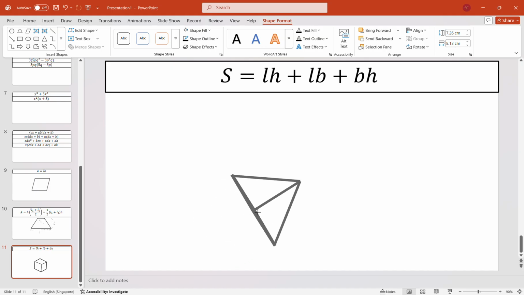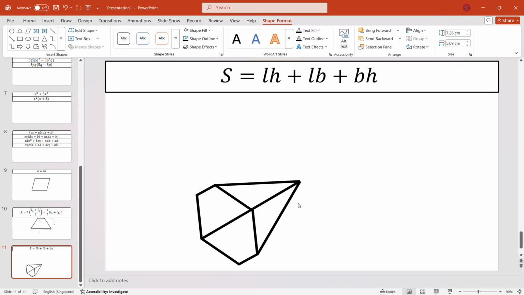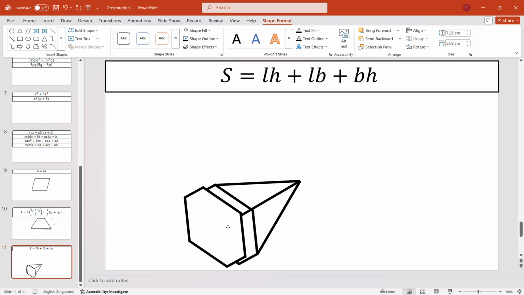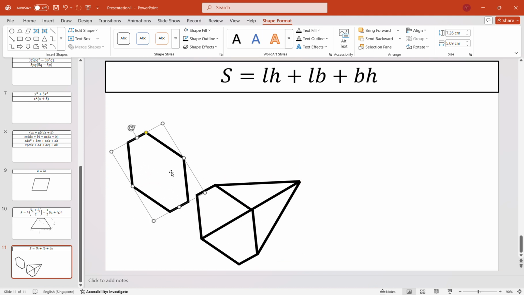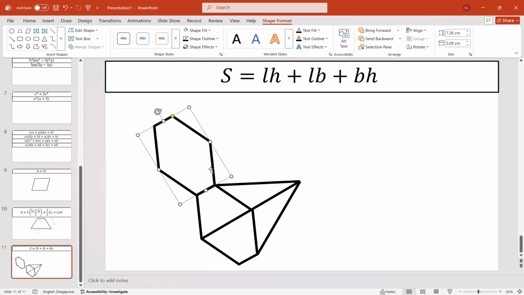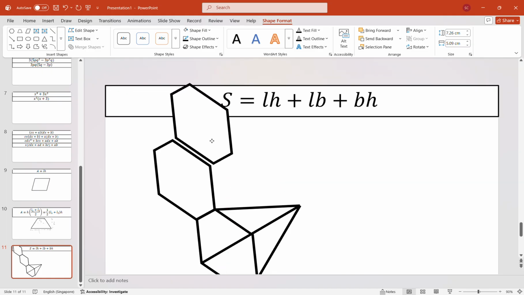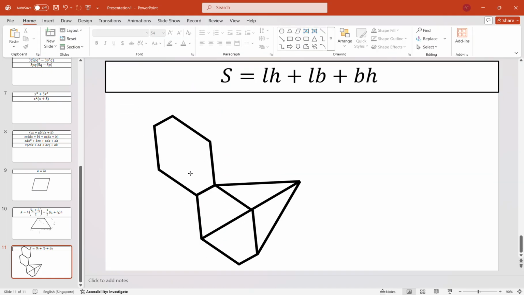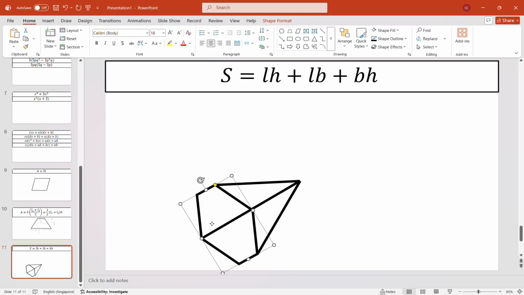Okay, yes, this is much neater now. But as I was saying, how do we find the volume of a pyramid?